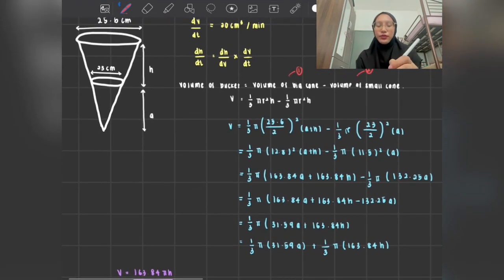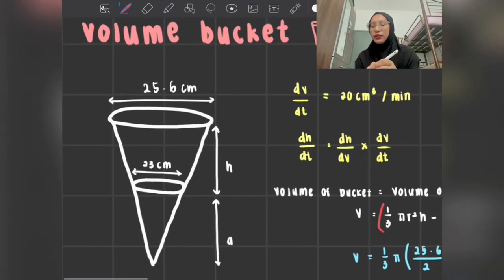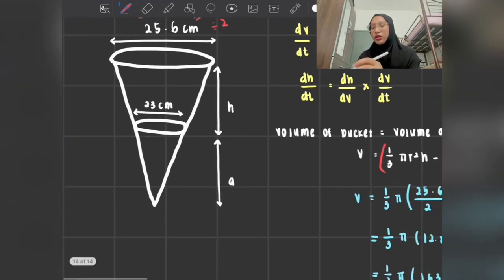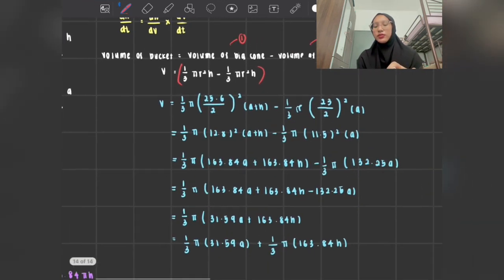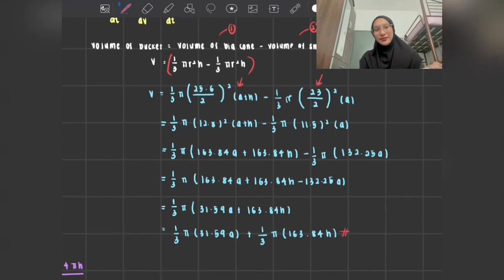We have to use the formula 1/3 pi r squared h, and before that, we also need to know the radius of the big cone, which is 25.6 cm divided by 2, and also the radius of the small cone, which is 23 cm divided by 2. And we need to substitute the information that we got into this formula and we will get the answer here.